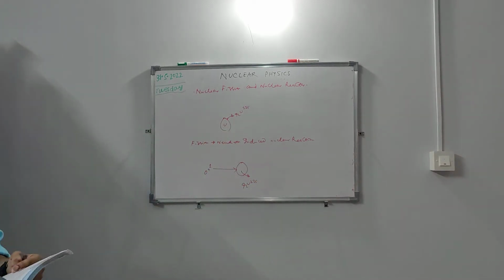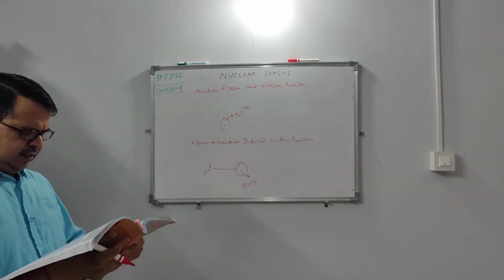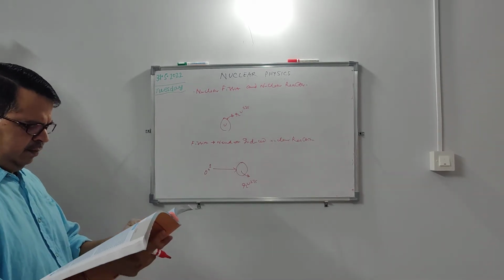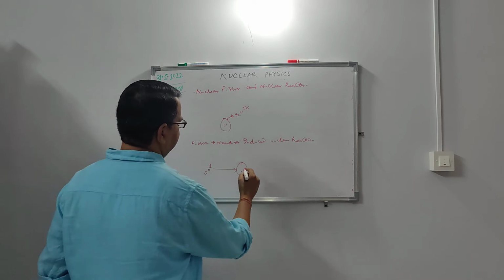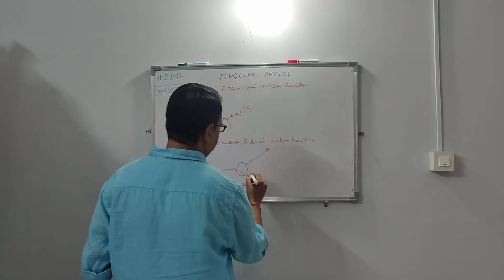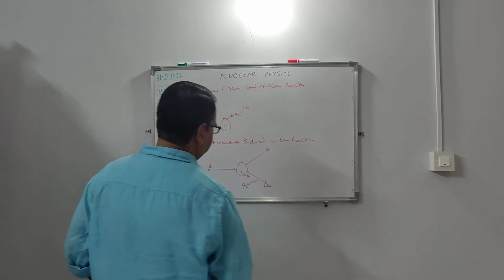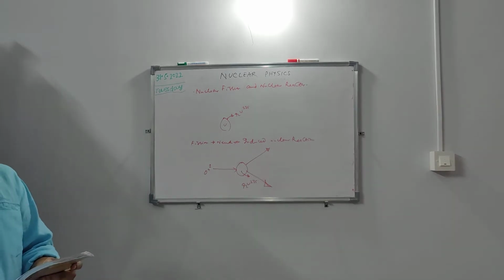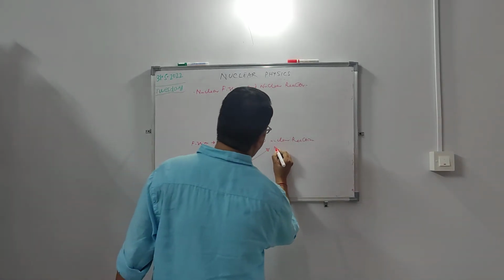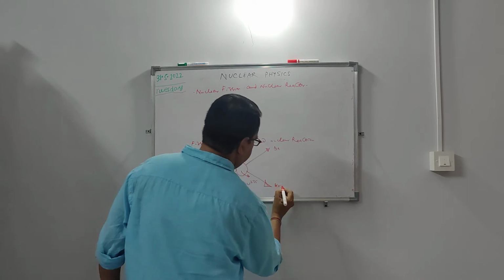When you are bombarding, it will generate two atoms, let us say Ba and Kr.